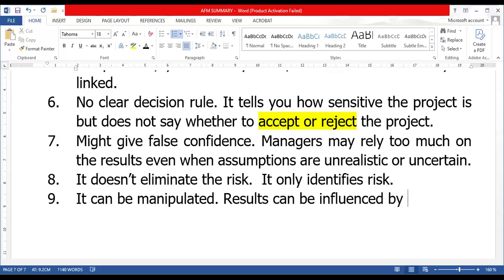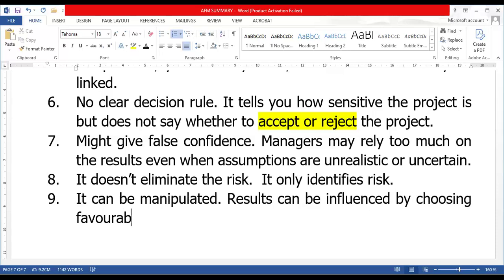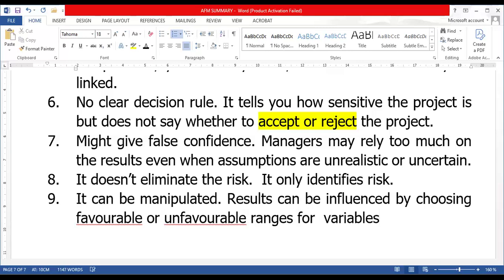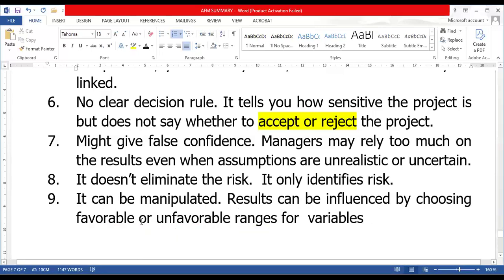As a manager, you may decide to look at the favorable or unfavorable ranges for the variables. You may decide, because it is judgmental, based on your mission as a manager, based on what you want.